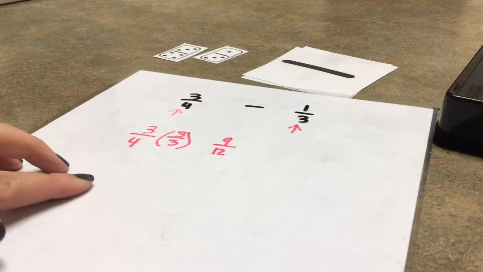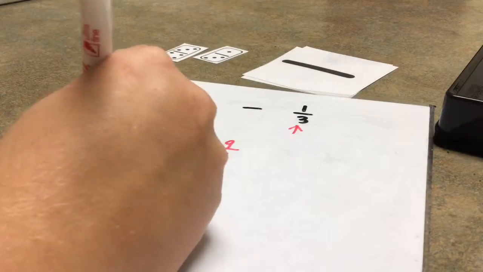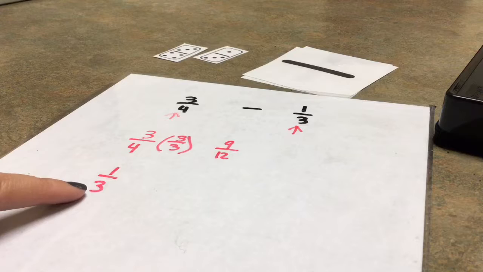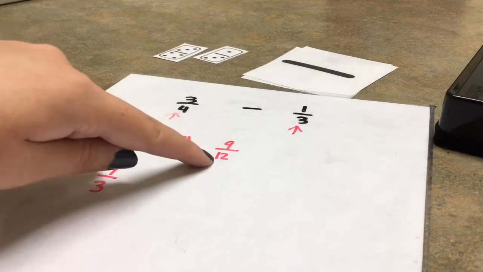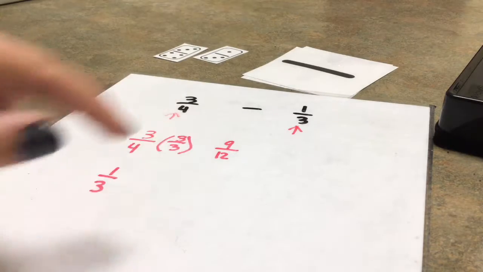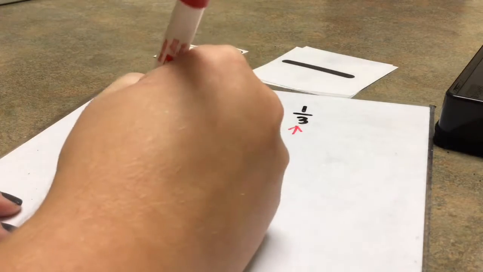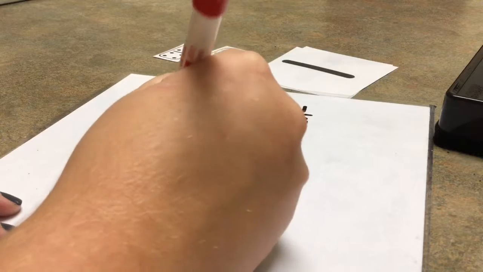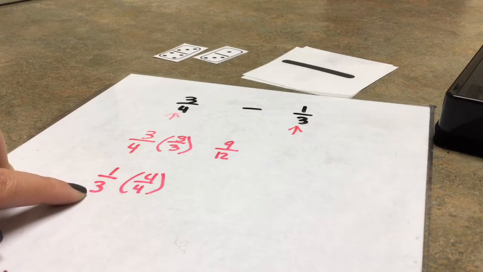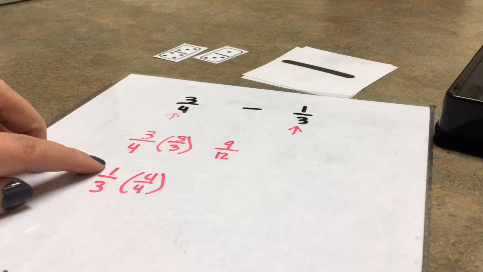For our second fraction, 1/3, again, we have to look at our denominator. Our denominator needs to be in 12ths. So 3 times what number will give us 12ths? Okay, so we're multiplying by 4 over 4, because remember, whatever you do to the denominator, you have to do to the numerator.